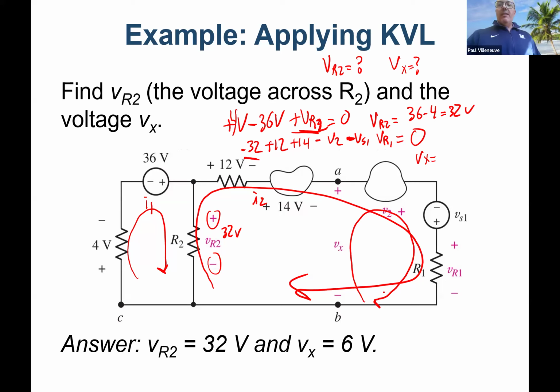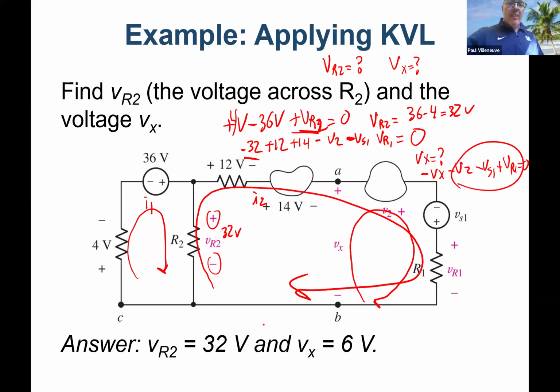So Vx, we're going to write another loop equation. Negative Vx minus V2 minus VS1 plus VR1 equals 0. So all this stuff over here can be replaced by Vx.